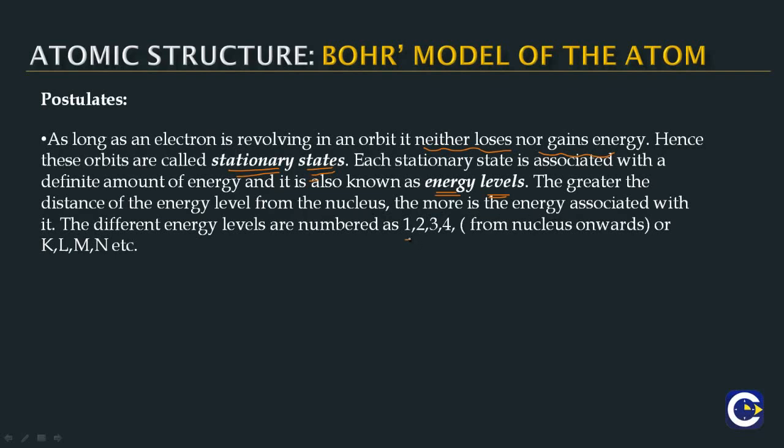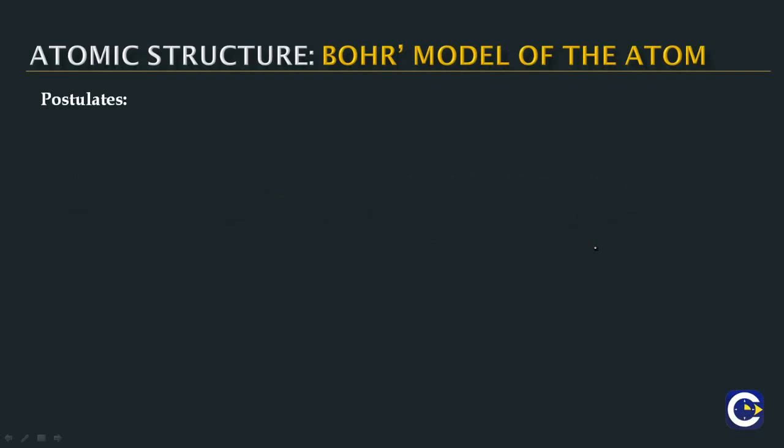These levels are numbered 1, 2, 3, 4, 5 and so on, 1 being the closest to the nucleus, or they can also be denoted with the letters K, L, M, N. K is the first orbit, L the second orbit, M the third orbit, N the fourth orbit, and so on. Since there are many such levels that the electron can take, most preferably we will be using the system based on the orbit numbers.